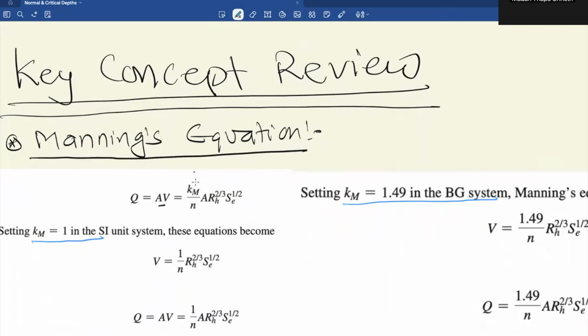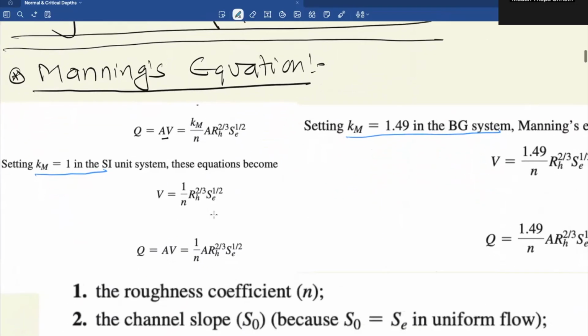This Km varies with the SI unit and BG system. For the SI unit, Km is 1, whereas for the BG system, the value of Km is 1.49.